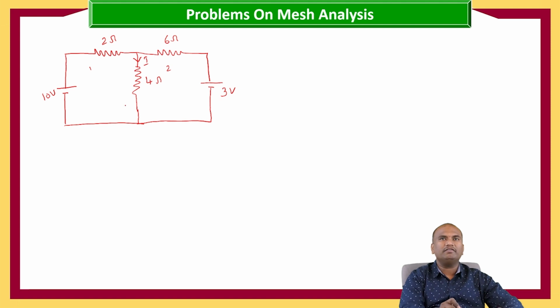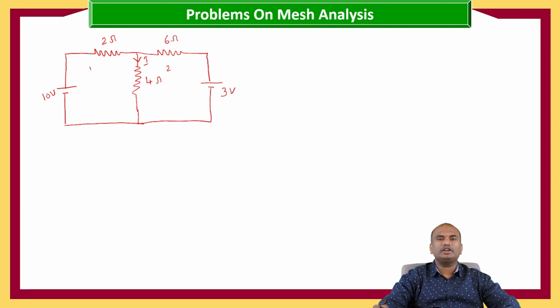Two meshes we are having, and in order to get the currents in the meshes, first we need to assume certain parameters. Current will have a magnitude and a direction. So we have to assume the current direction and magnitude.